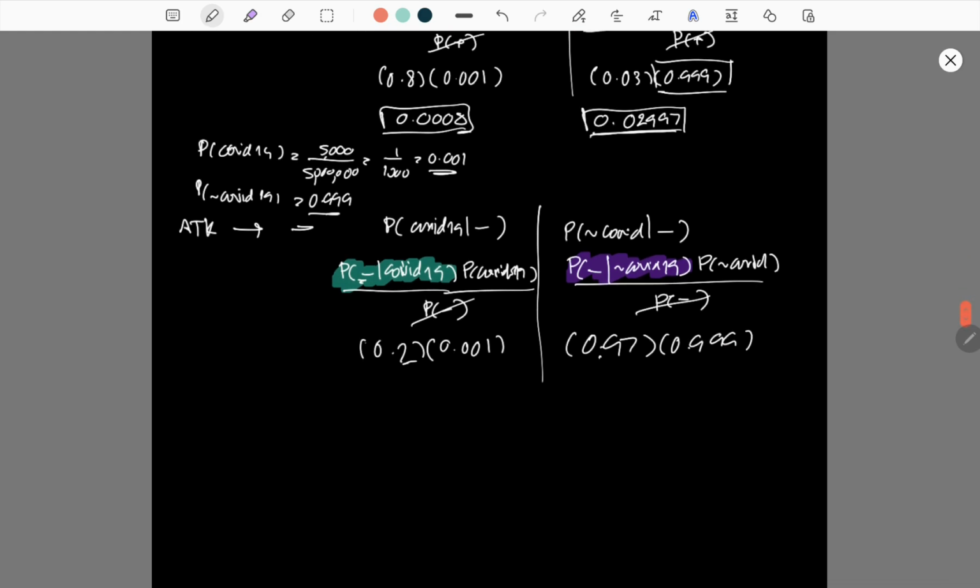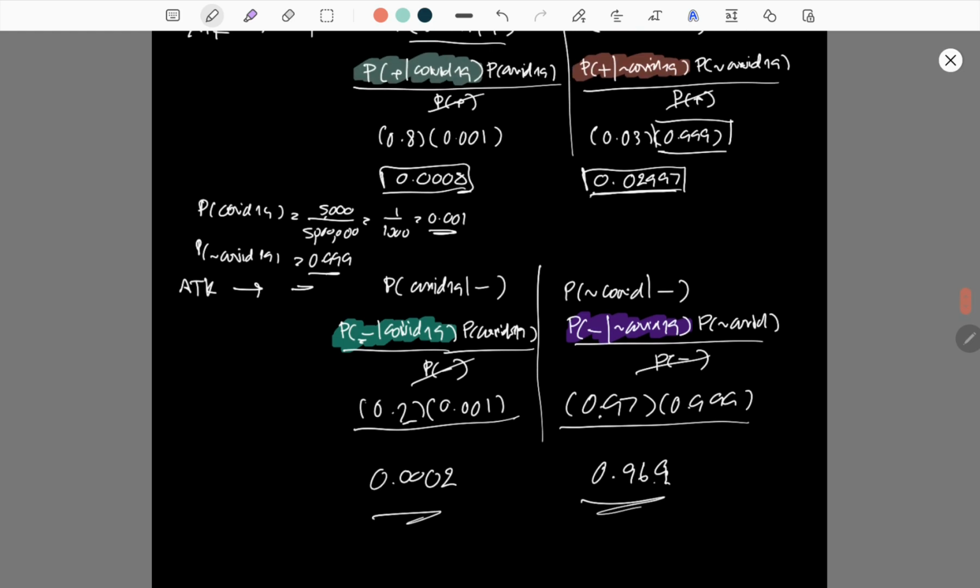So this one is very, very high, right? This one is very, very low, 0.0002. And it's too much, almost 1. Okay, around 0.969 something. So it's very high.